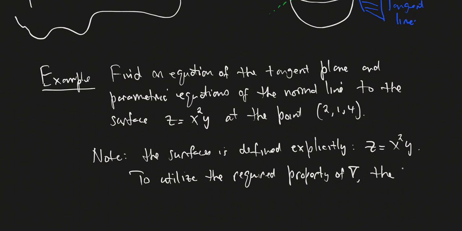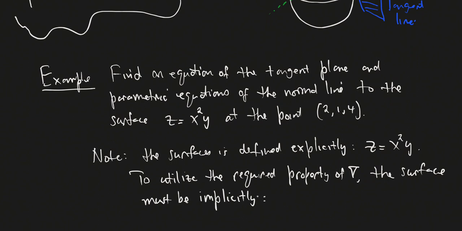So the surface must be implicitly defined. Well, usually we go the opposite way, right? We take something that's implicit and we write it explicit.